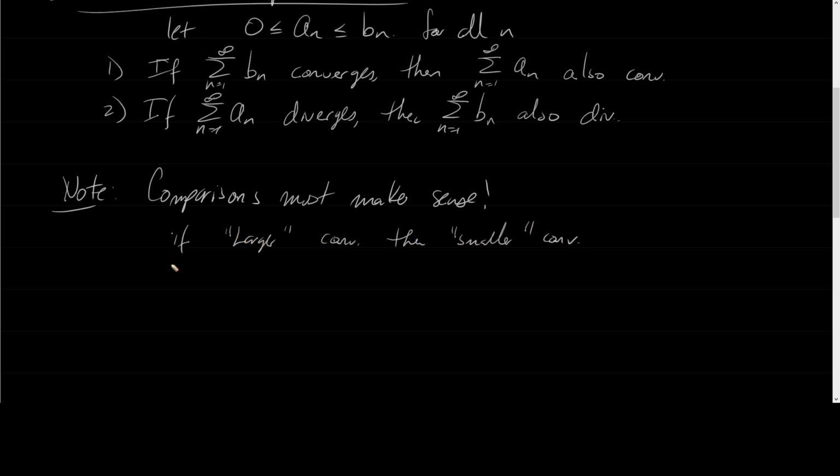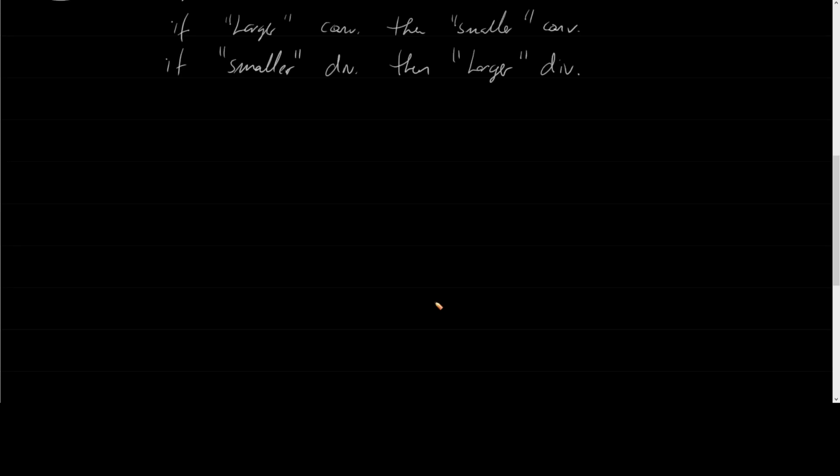That's true. Similarly, if the smaller series diverges, then the larger series also diverges. But if we have something that diverges and we're comparing it to something smaller than it, that's not helpful. Similarly, if we had something that converged and we were trying to figure out something about a bigger series, it wouldn't be helpful.